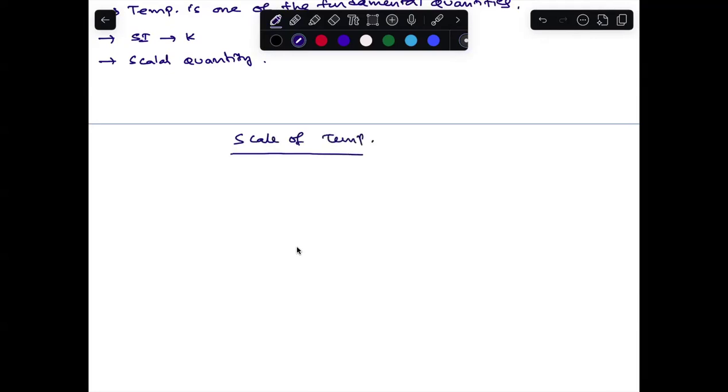Basically, we deal with only three types of thermometers. See, when I'm speaking about scale of temperature, on the basis of some property, we will design thermometers. The instrument which measures the temperature of a body is what we will call a thermometer, an instrument to measure temperature.